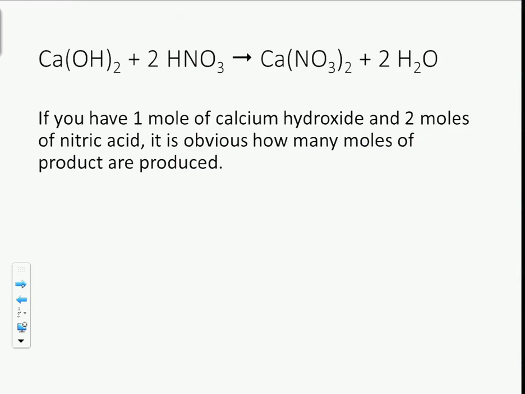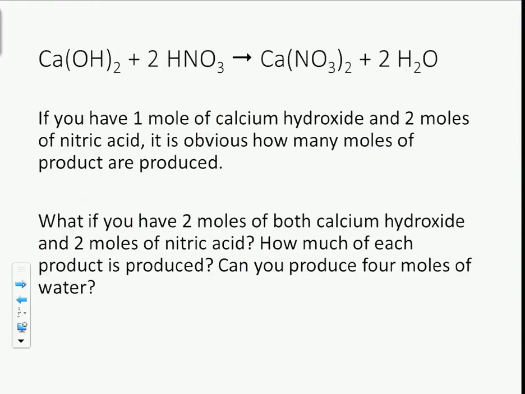So if I were to ask you the question, if you have 1 mole of calcium hydroxide and 2 moles of nitric acid, how many moles of product are produced? It's pretty obvious. You have 1 mole of calcium hydroxide and 2 moles of nitric acid, so you're producing 1 mole of calcium nitrate and 2 moles of water.